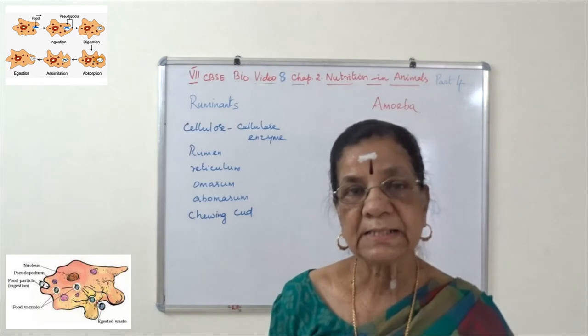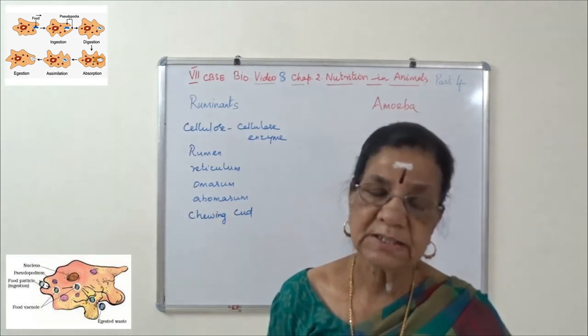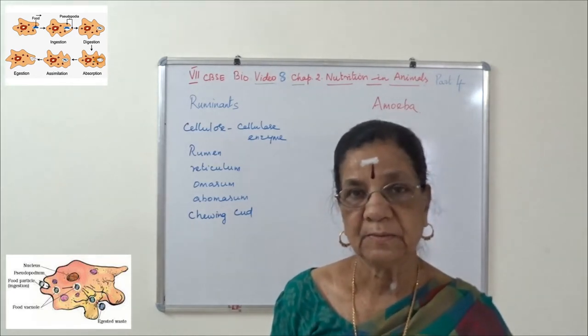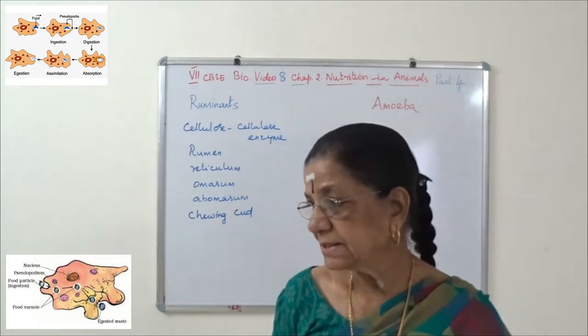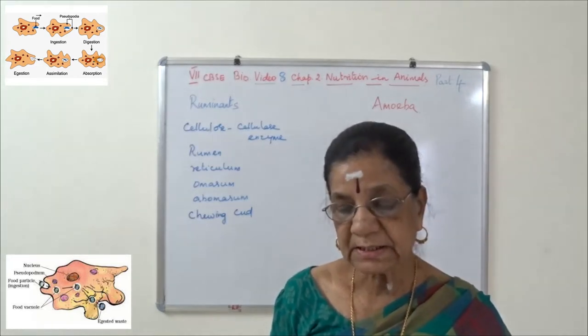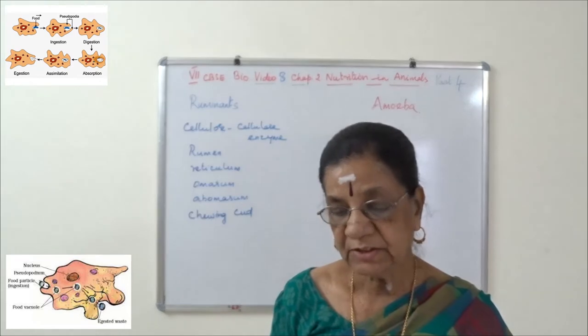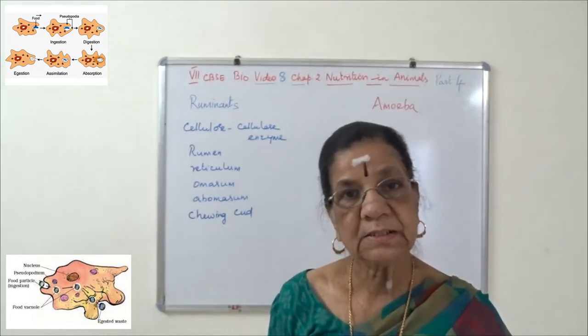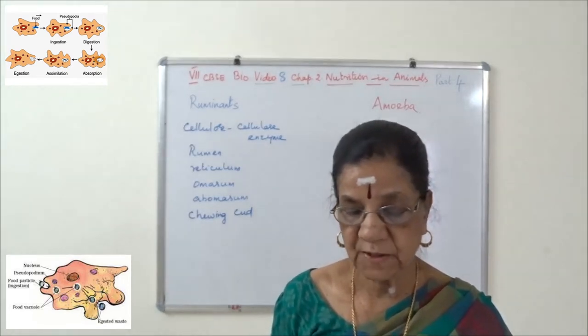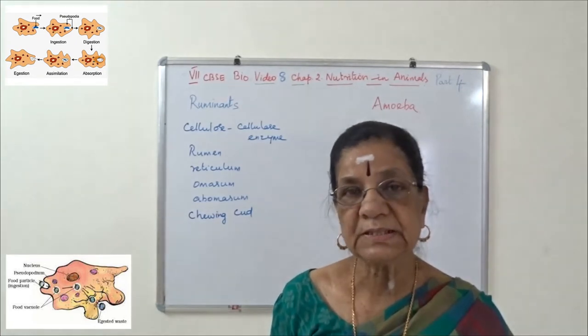This is the characteristic feature of this ruminant animal. I repeat, ruminants have a large sac-like structure between the small intestine and the large intestine. And the cellulose of the food is digested.